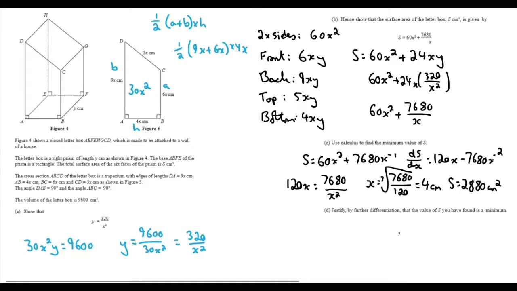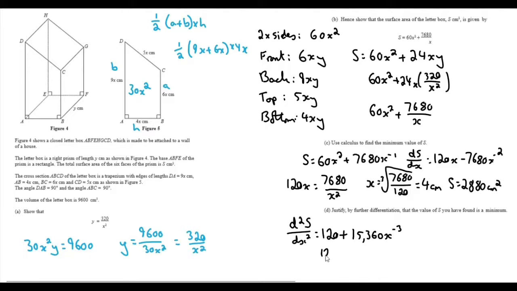Finally, again, justifying with further differentiation that the value is a minimum, we'll have to differentiate again. So you've got your second derivative here. Your 120x is just going to become 120. And this, the minus 7,680 times by minus 2 is going to become a positive here, 15,360 x to the minus 3 now, because you've minused it by 1 again.